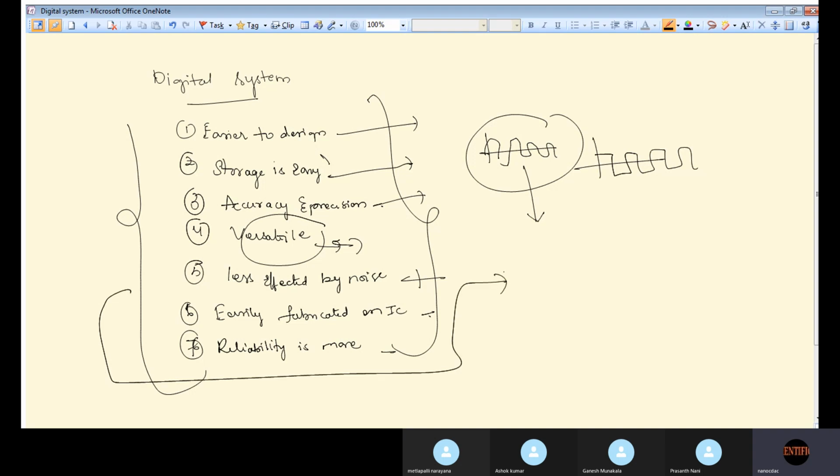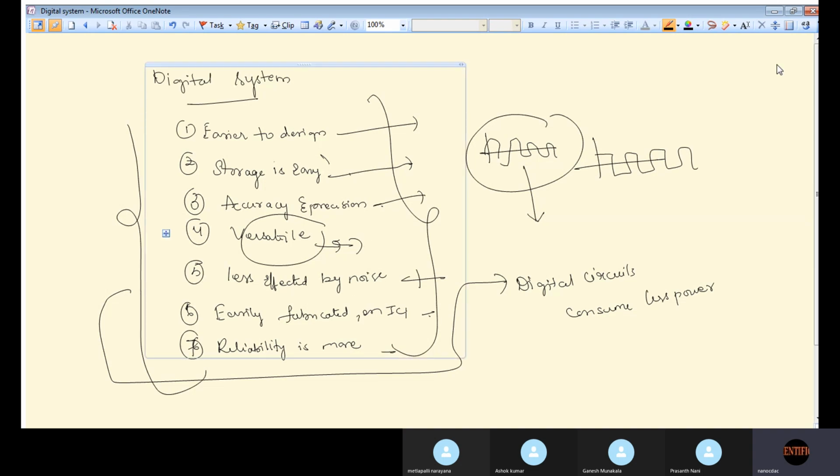But the greatest advantage of all is that digital circuits consume less power. All the digital circuits are battery operated. Whether you look at a laptop, a cell phone, a digital camera or a smart watch, all of them consume a very small amount of power.